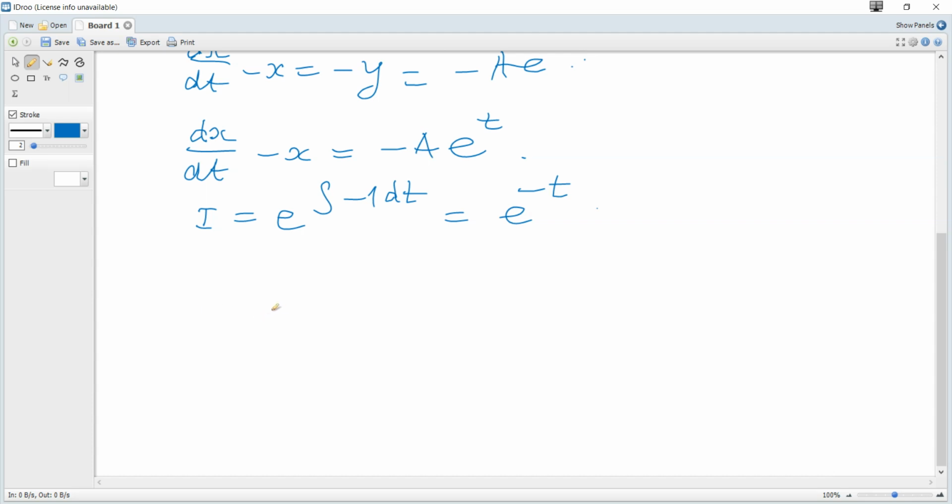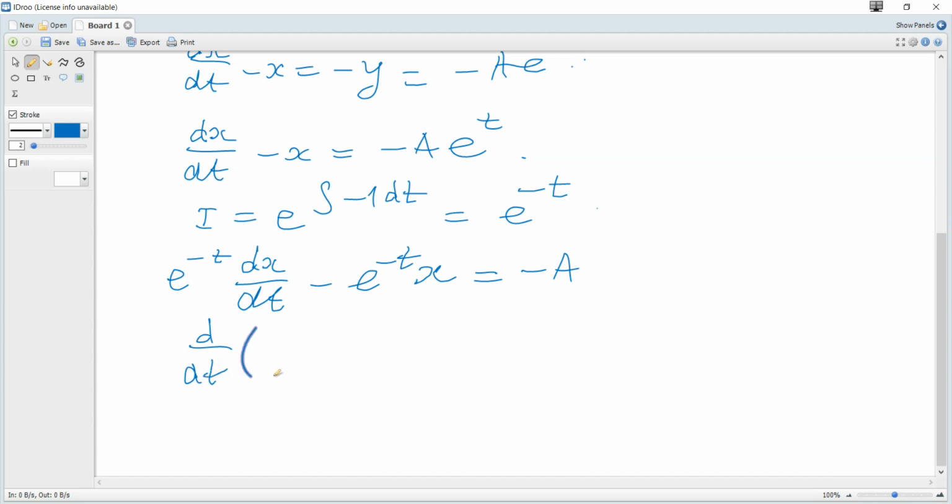Then we multiply each term by the integrating factor and get e^(−t) dx/dt − e^(−t) x = −A e^t multiplied by e^(−t), which is just −A.